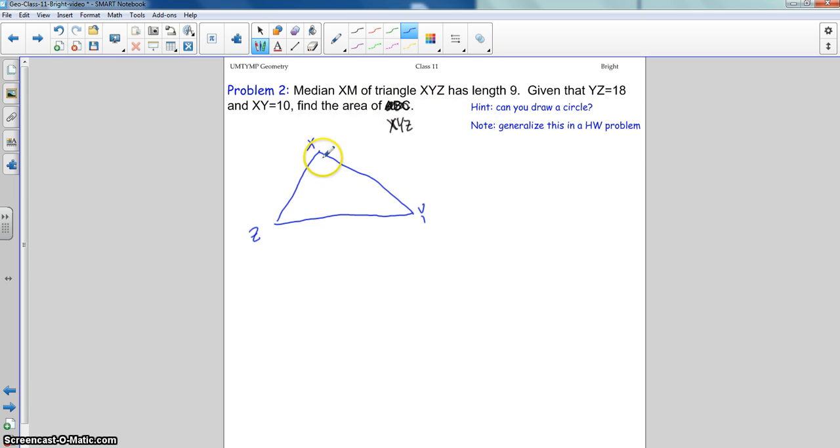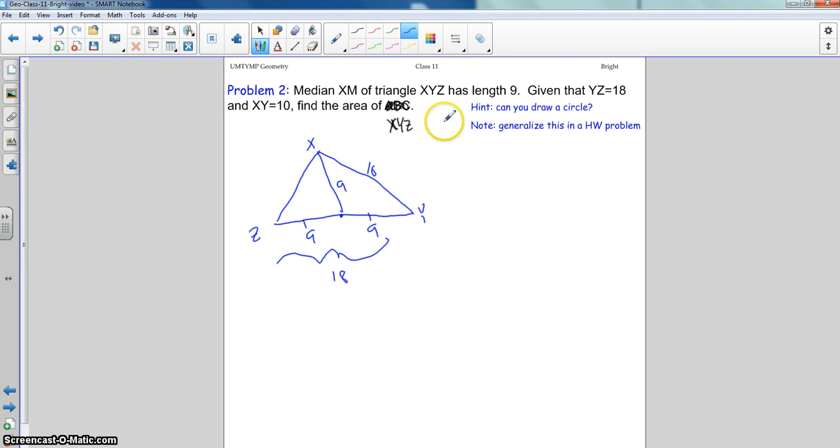Median means that here's the midpoint of the side, so that splits the side, and this is going to be length 9. Given that YZ is 18, if this entire thing is 18, then each part of these is 9. And then XY is 10.